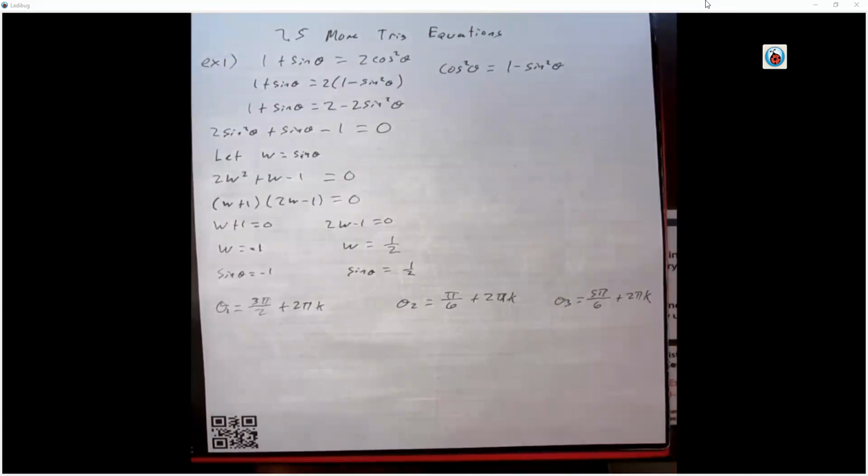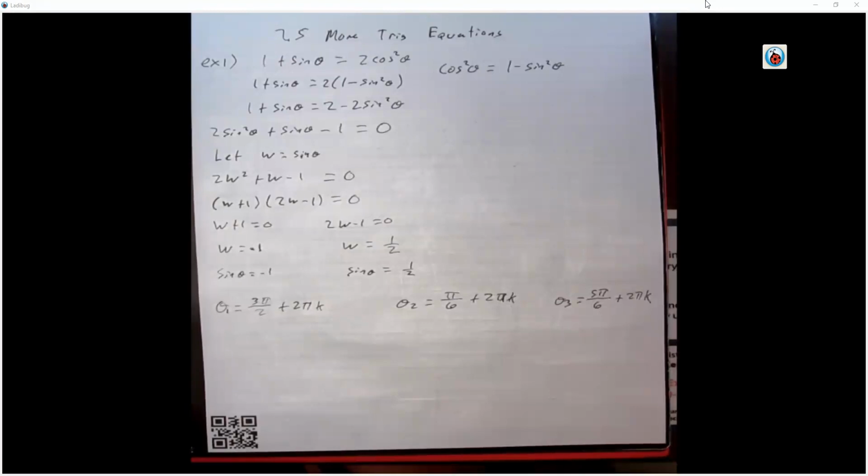Is it arbitrary that we decided theta 2 is pi over 6 instead of 3 pi over 2? Does it matter which one you label theta 1, theta 2? Nah, doesn't matter. Call them whatever you want. Where did 5 pi over 6 come from?